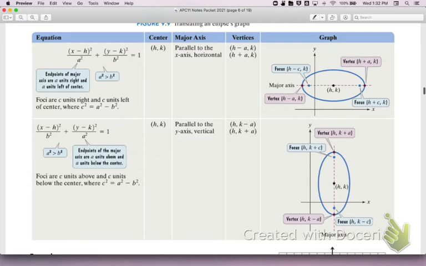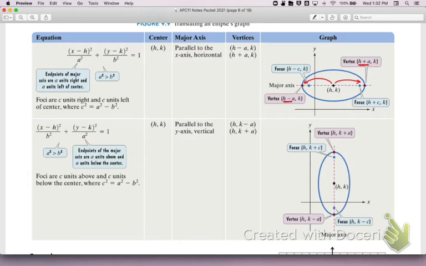If our major axis is horizontal, meaning the ellipse is horizontal and a squared is underneath the x's, then to find the vertices, we are moving in the x direction. So you're going to add the distance of A to the h. And then to get to the opposite side, you're going to subtract it from the h because it's the horizontal distance. If you wanted to do the co-vertices, you would add it and subtract it from the k, all right?